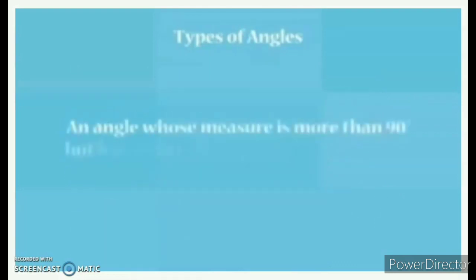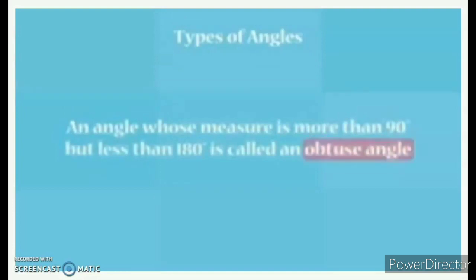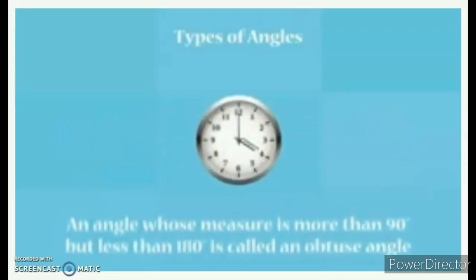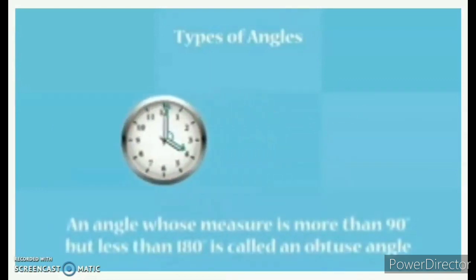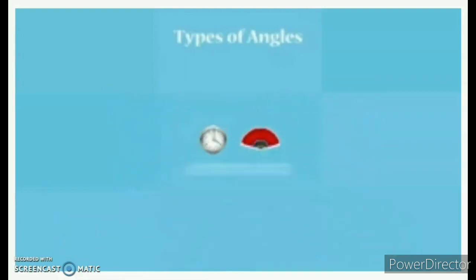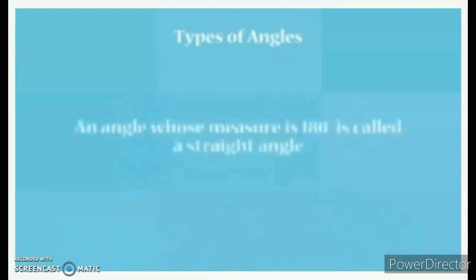Next, children, an angle whose measure is more than 90 degree but less than 180 degree is called an obtuse angle. Hands of a clock at 4 o'clock form an obtuse angle. The angle formed by a Japanese fan is also an obtuse angle. Next type of angle is the straight angle.